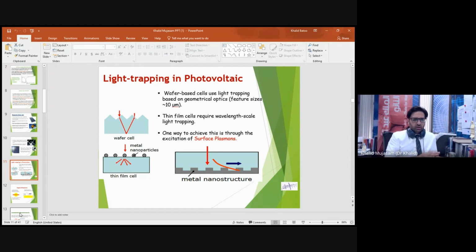In the manufacturing of these devices, we have two phenomena. One is light trapping through LSP, that is, local surface plasmon, and the other is surface plasmon. In the local surface plasmon, we have to design a certain geometry in the material, which also depends on the composition.